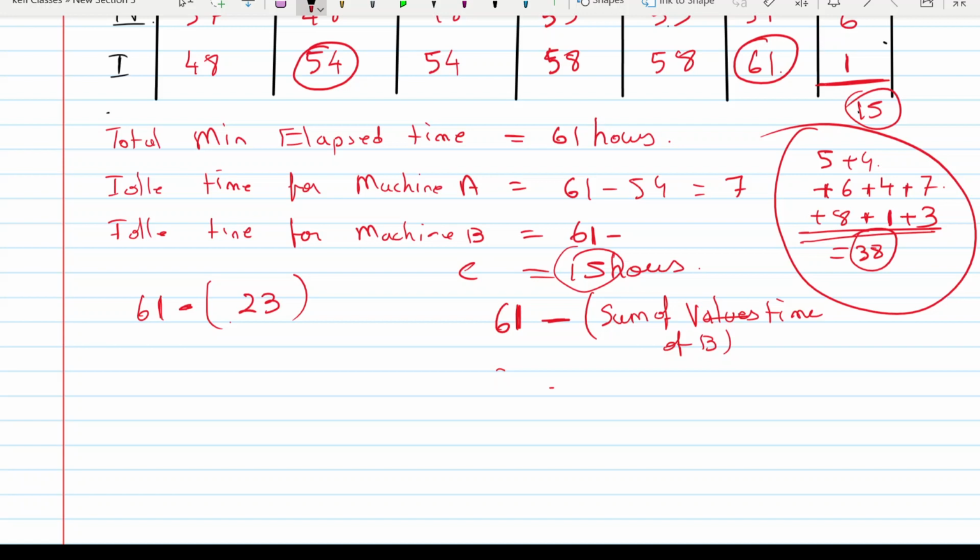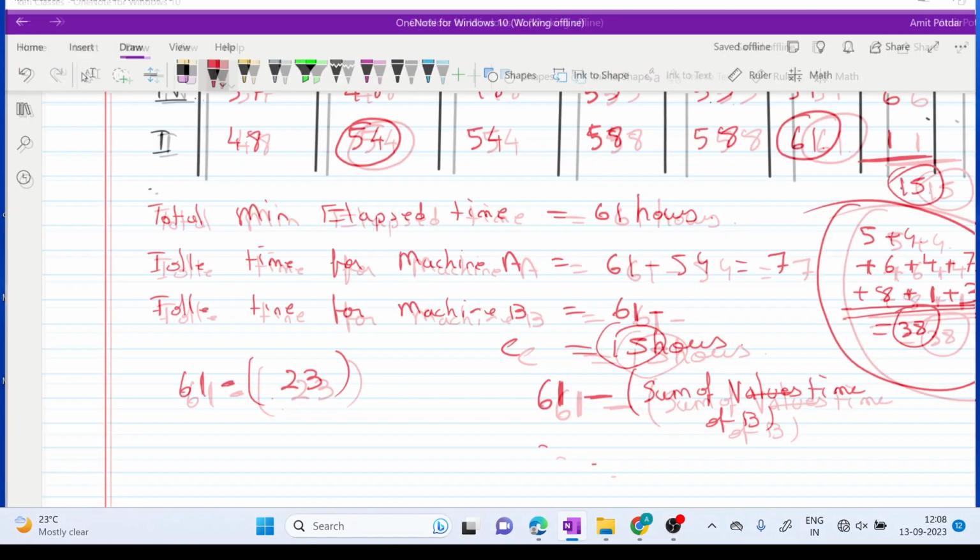Exercise 7.2, sixth, second one. Start solving.